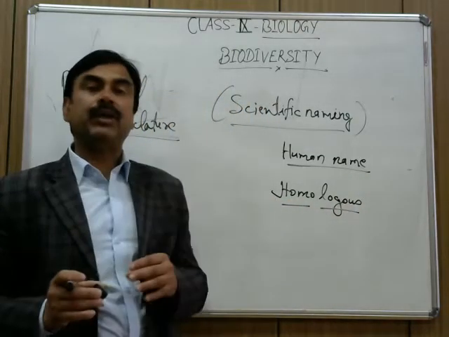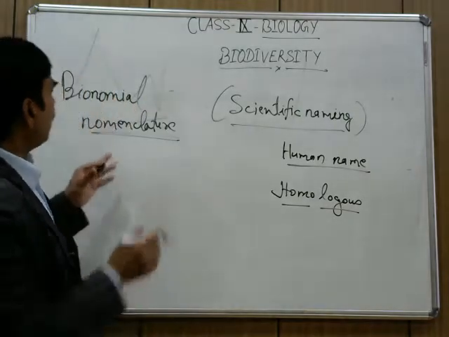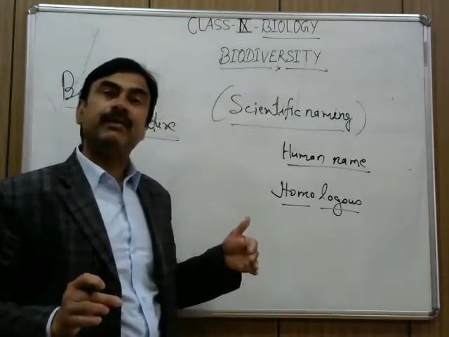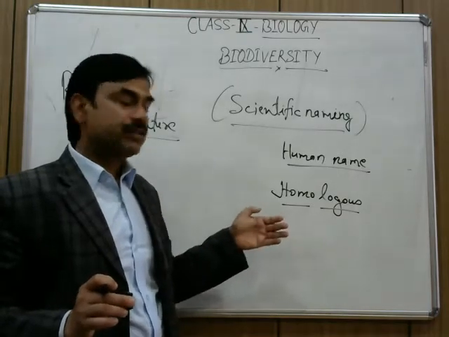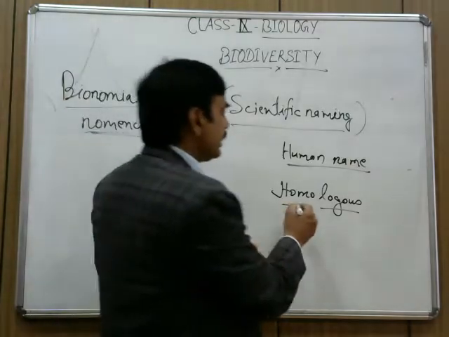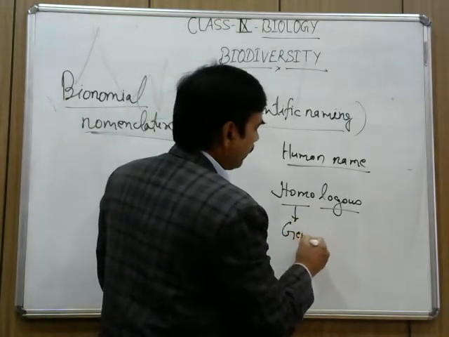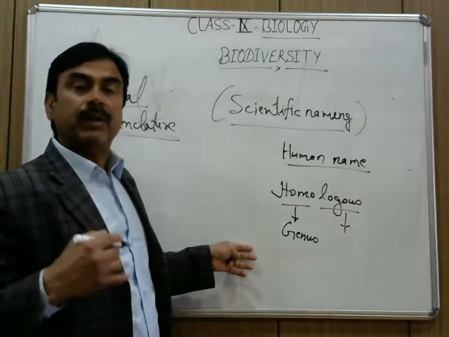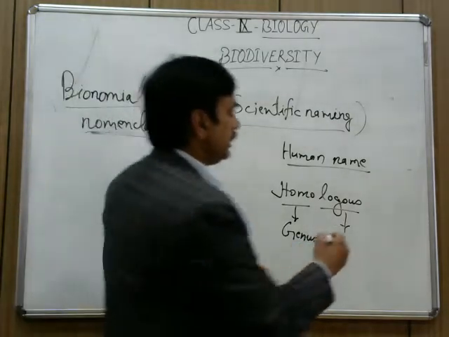One example I would like to tell you of why it is called binomial nomenclature. Every scientific name is made up of two words. The first word tells the name of the genus, and the second word represents the species.